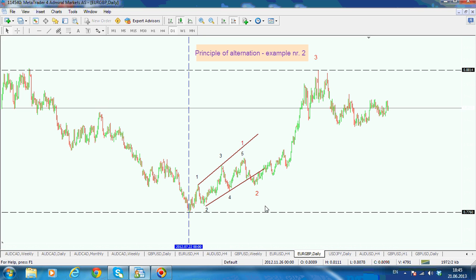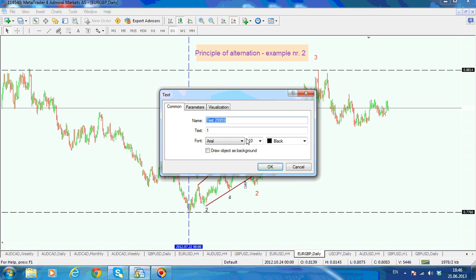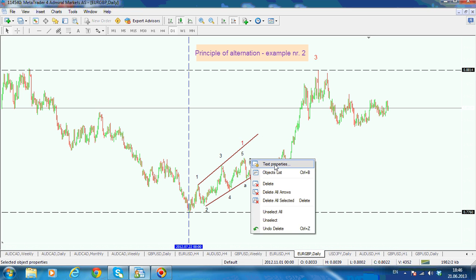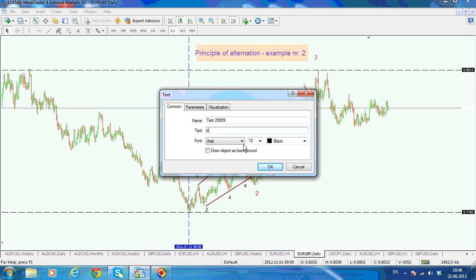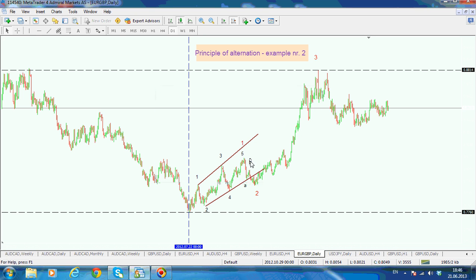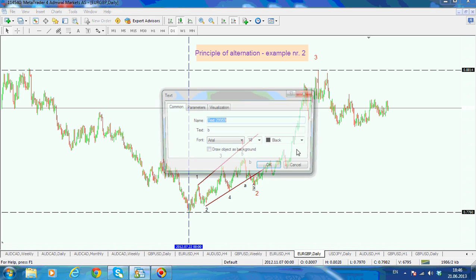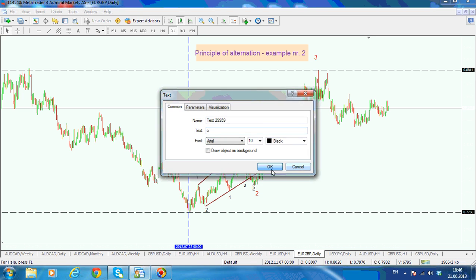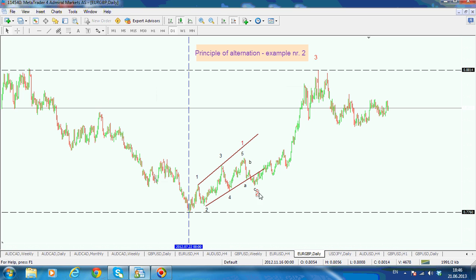If you're looking at the second wave structure, this looks like a nice ABC, a simple zigzag, like an A, B, and C. So you have a zigzag for the second wave.